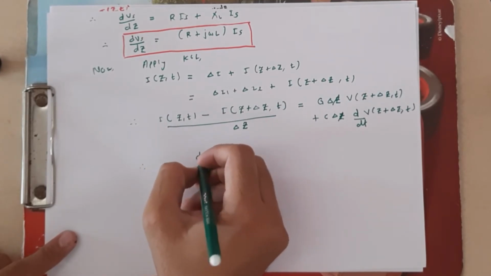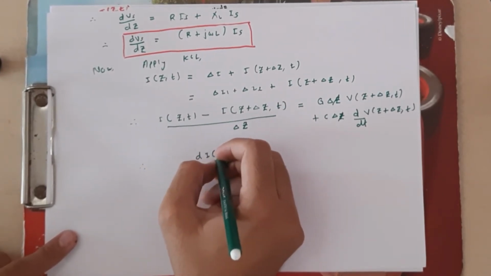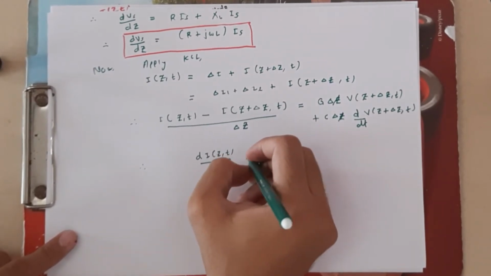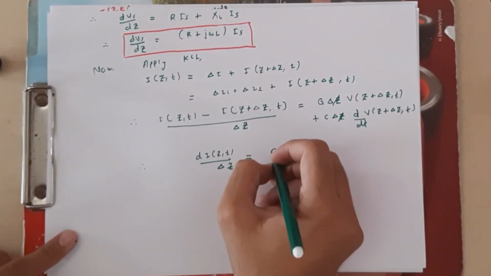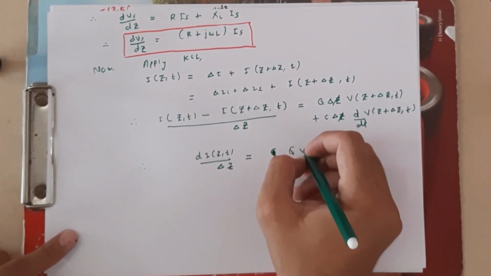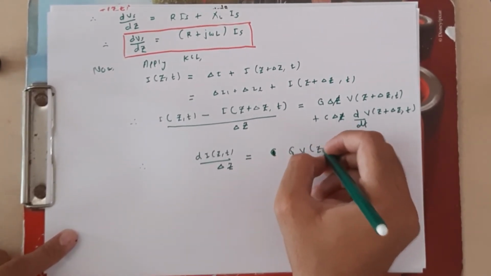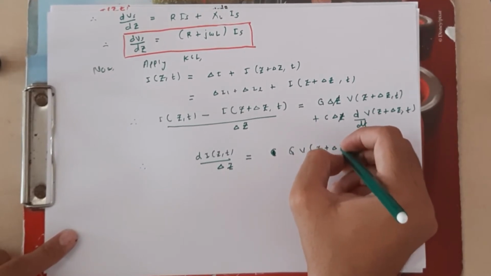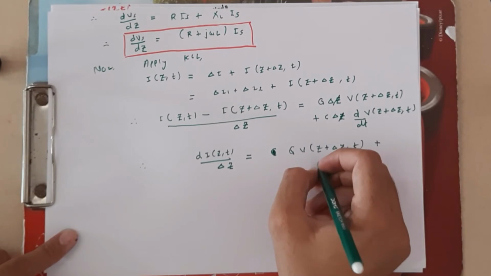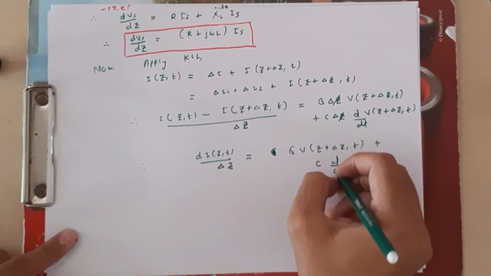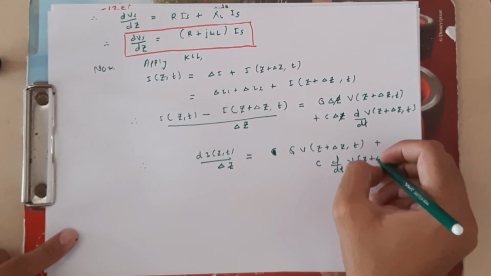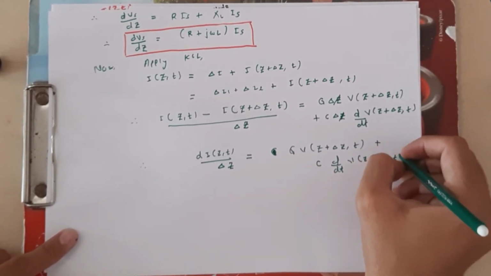You can write in this way, dI of z,t by delta z is equal to G V of z plus delta z, t plus C d by dt V of z plus delta z, t.